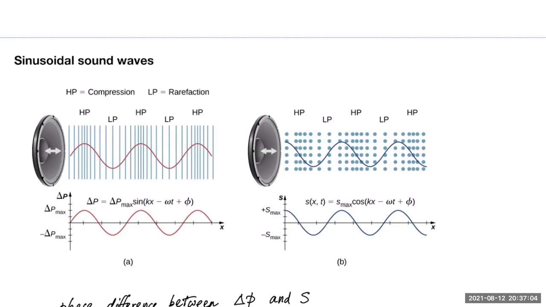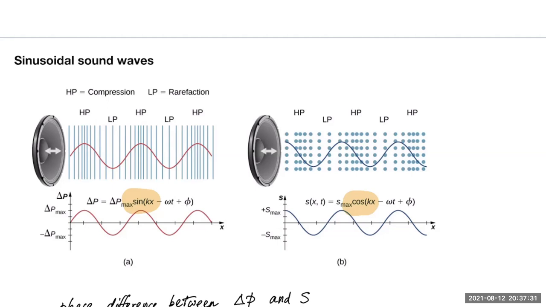Of course they're related, but if you take a closer look, you'll find that one is a sine function, the other is a cosine function. So when there is a peak of the pressure variation, it's not the same position as the peak of the displacement. In fact, when sine is maximum, cosine is actually 0, and vice versa.